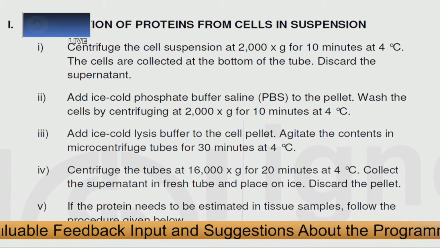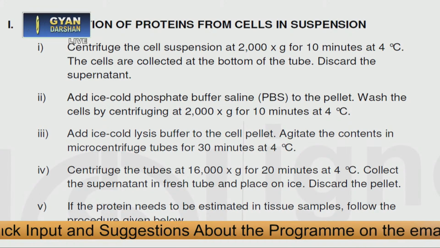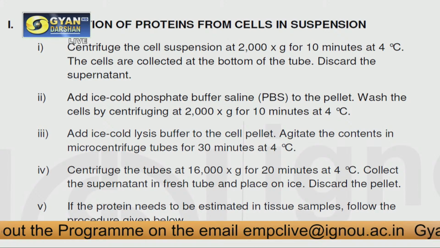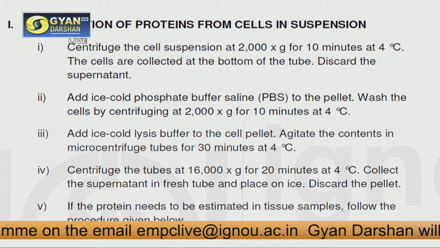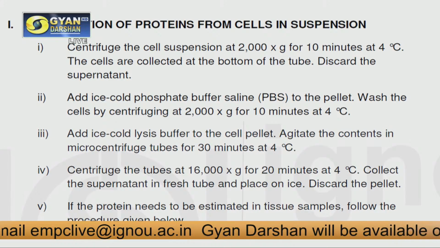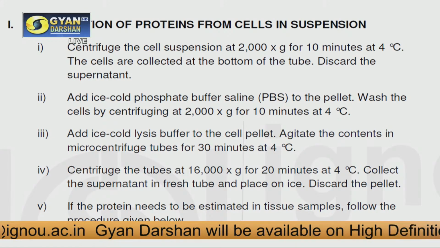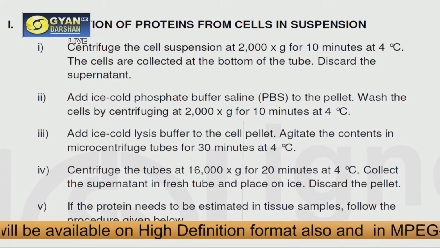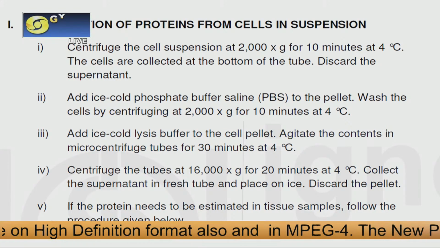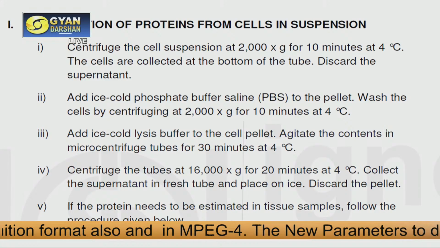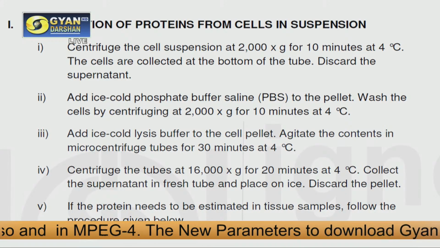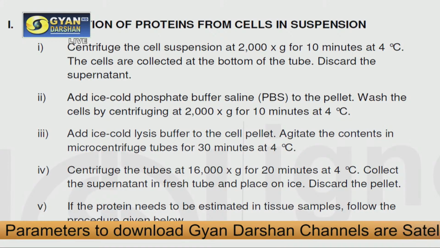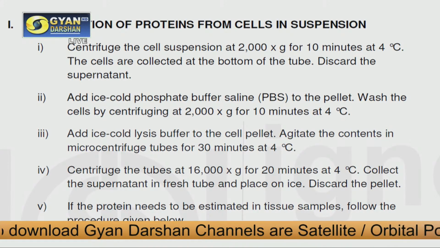Or let's say you are extracting proteins from cells in suspension, that is, suspension cultured cells. Then you have to centrifuge the cell suspension, discard the supernatant, get the pellet, then add ice cold phosphate buffer saline, again centrifuge, take the pellet, add ice cold lysis buffer to the cell pellet, again centrifuge it, and collect the supernatant in a fresh tube.